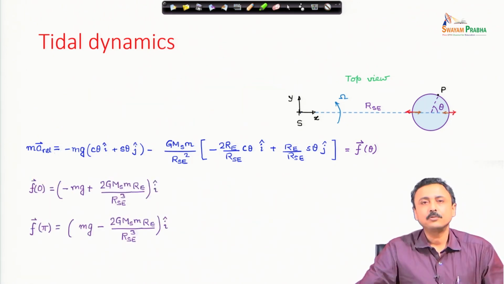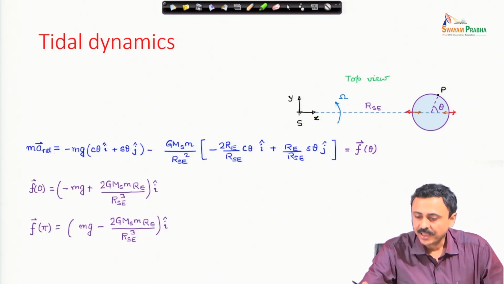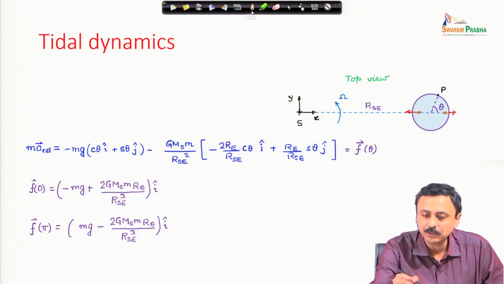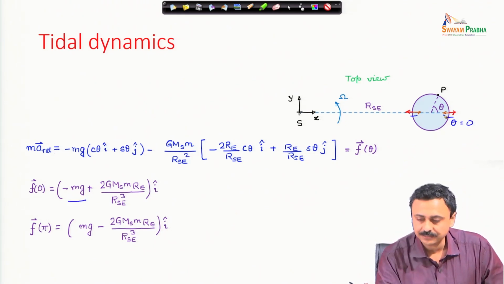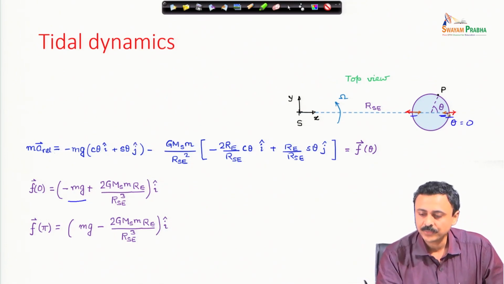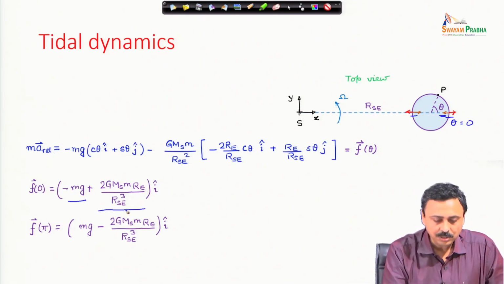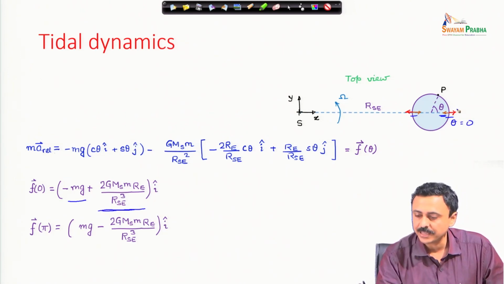Let us try to see what these forces are at theta equal to 0 and theta equal to pi, which means at this point and this point. This is theta equal to 0. What do I have? I have the weight which is acting in the negative I cap direction towards the center of the earth, as shown by this arrow, and there is a small positive term in the positive I cap direction, which is indicated by this red arrow.